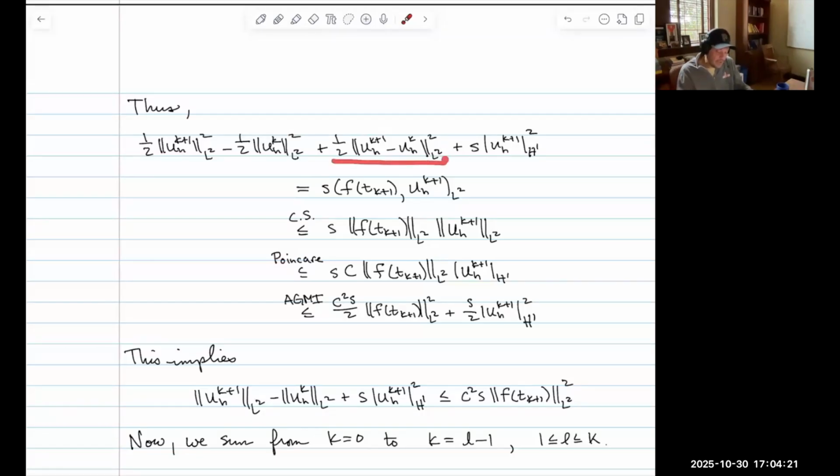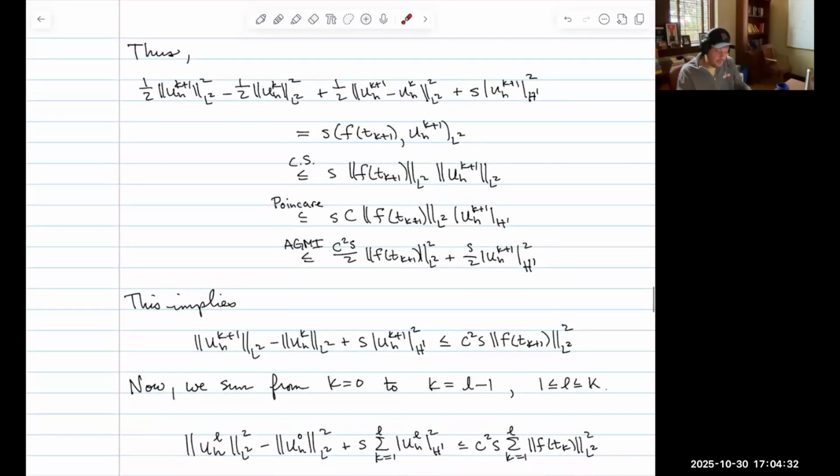This term being positive is really everything for me in this method. The fact that that term is positive is quite useful. But I'm going to throw it away. Why? It has the right sign that allows me to do so, and that gives me this. The reason I don't want that one is because it just gives me miscellaneous information that's not going to help me with my ultimate analysis.